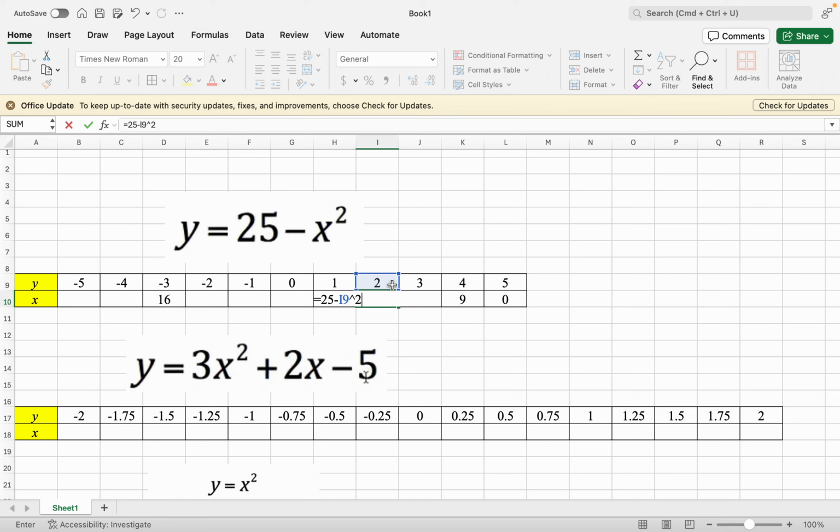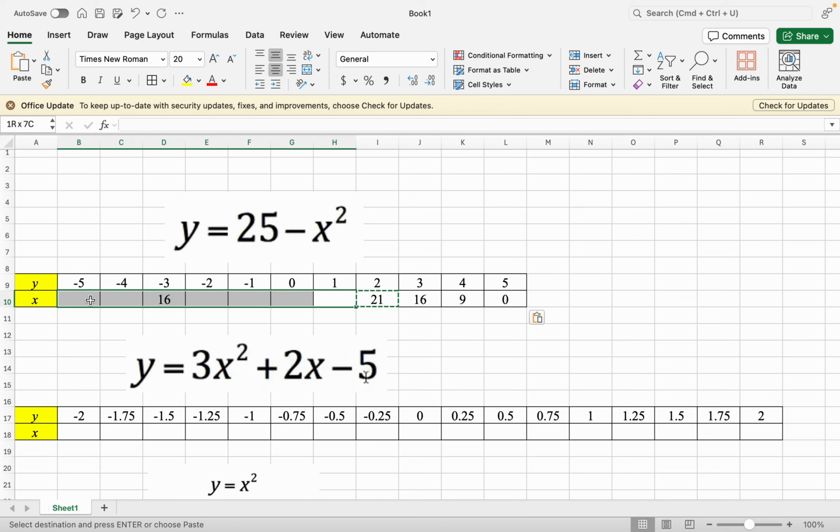So I can write 25 minus the cell above squared, and it'll calculate it for me. Then I can just copy that to the others, and it'll do the calculation for me.